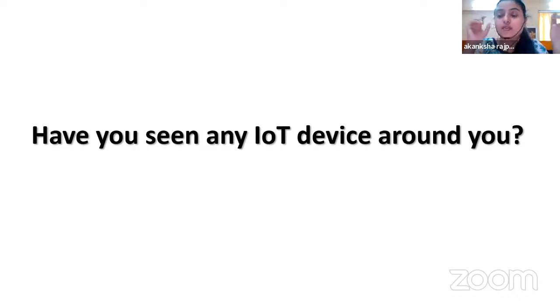If I want to change my channel, I simply send one instruction, change my channel to this, and the smart television will change the channel. If I'm talking about smartwatches, we have smart homes, we have Google Assistant, Siri, Alexa. These are all IoT devices surrounding us.